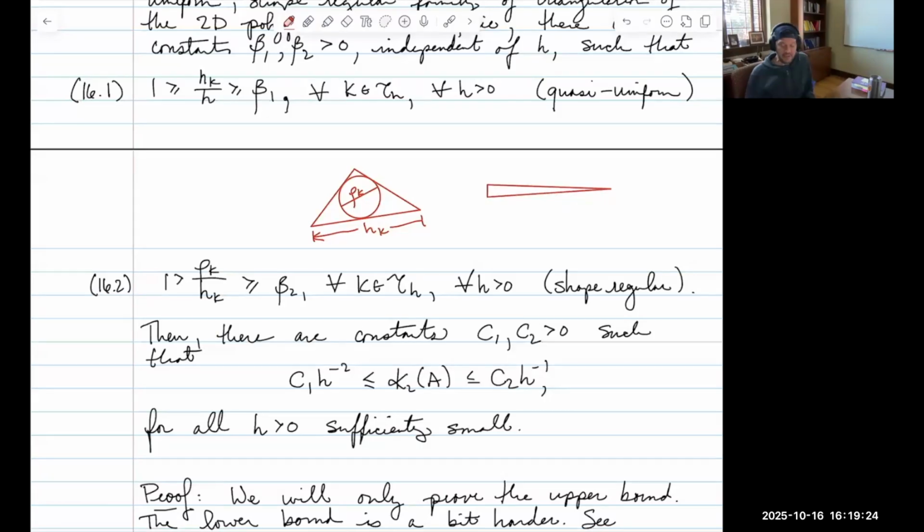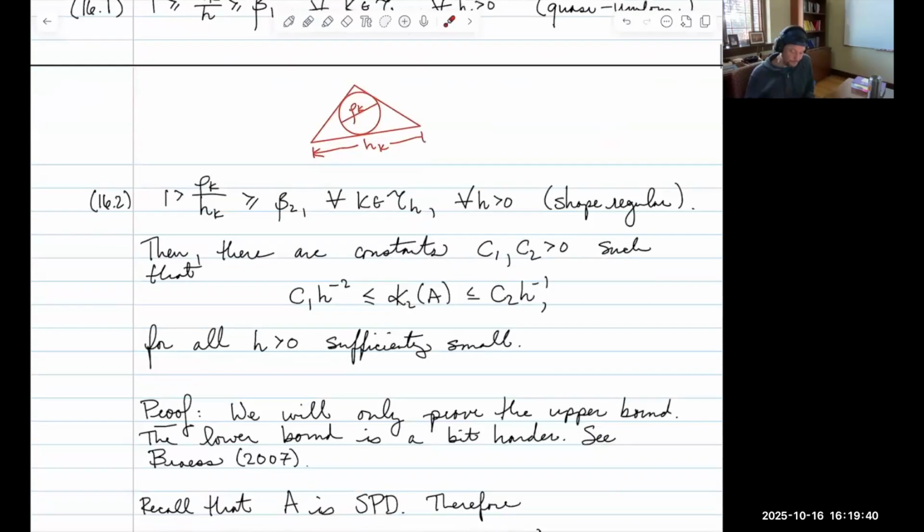That's more and more of a needle-like triangle. Roughly, it's saying that the triangles always stay basically like an equilateral triangle. It's not exactly right, but it's roughly right. Okay, so those are the two assumptions that we're making about the mesh.